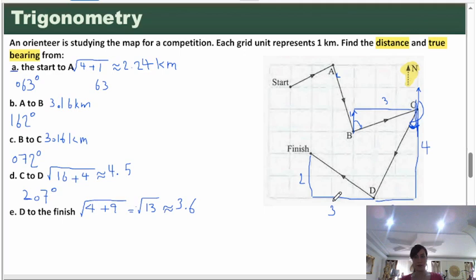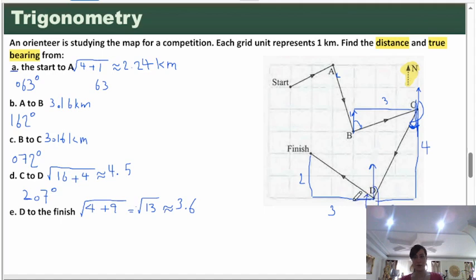And to find the bearing here, I stand here, then I turn until I face the finish point.